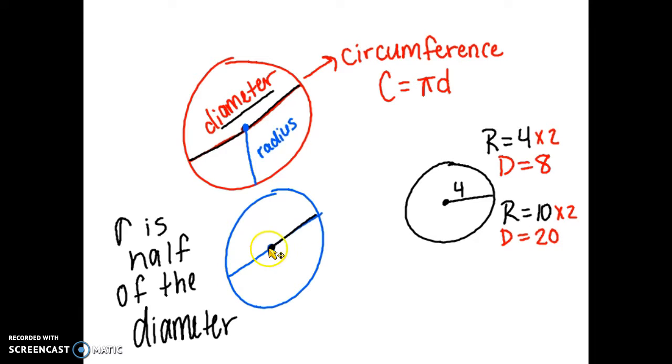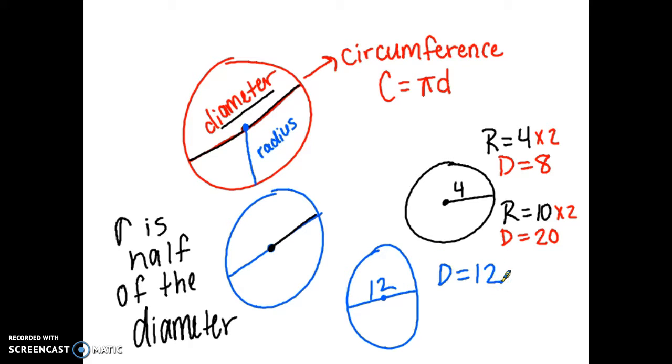So if I'm given the diameter, and I'm told to find the radius, if d equals 12, to find the radius, I would divide by 2. So my radius would be 6. Now I'm not finding circumference right now.